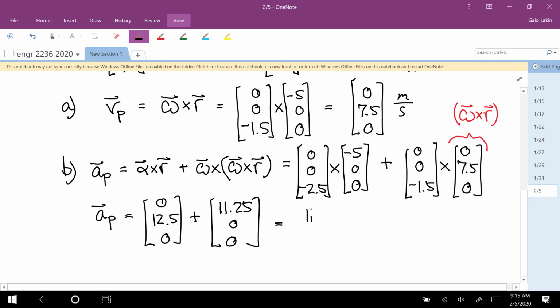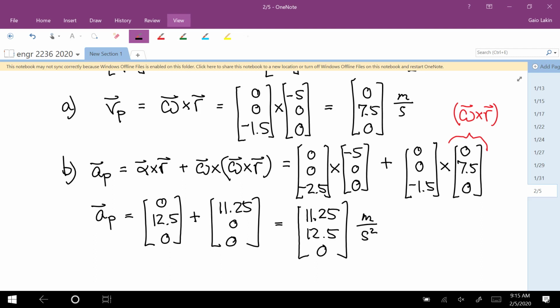And so the answer is 11.25, 12.50 meters per second squared. Yes.